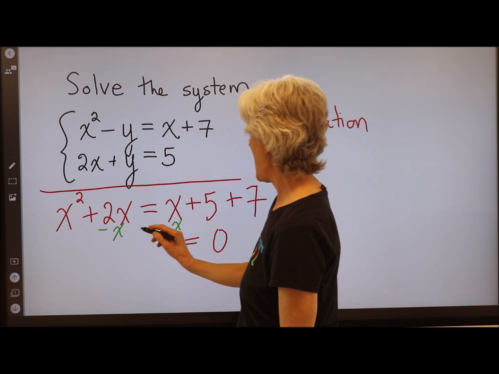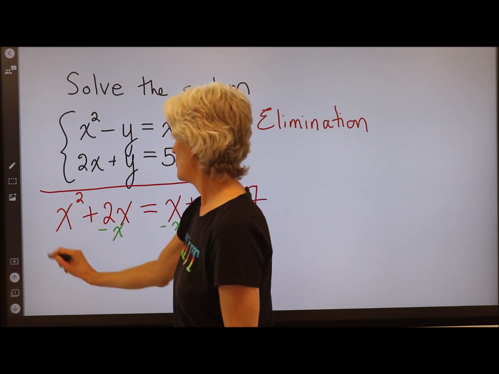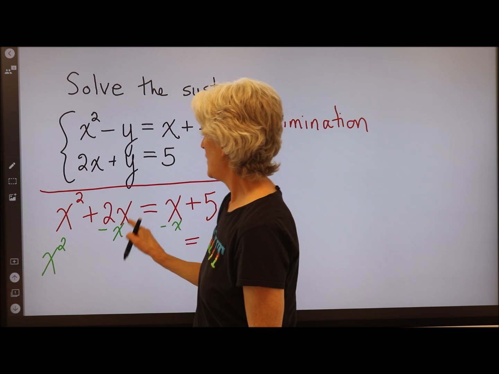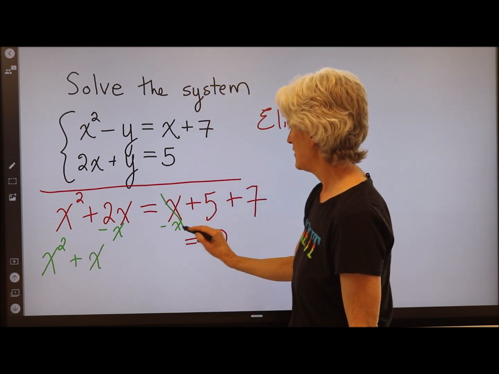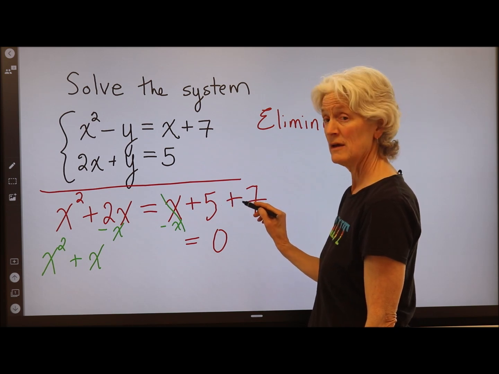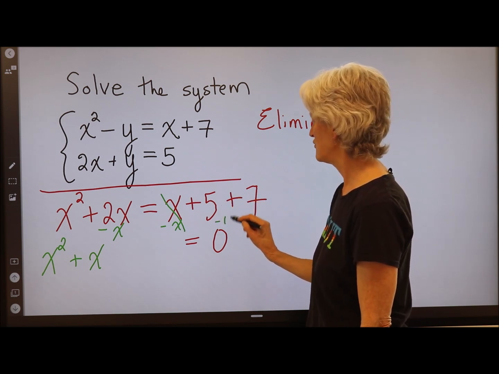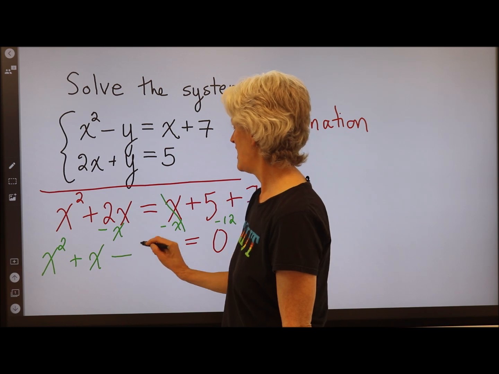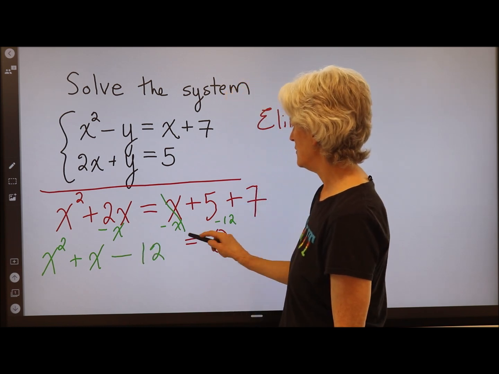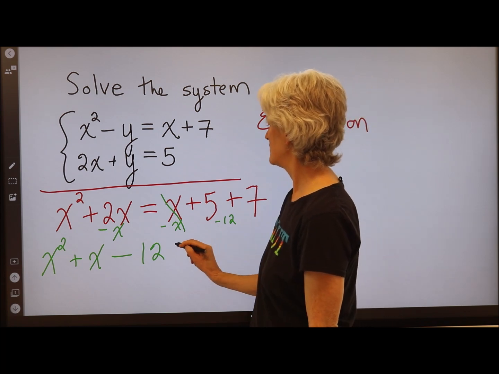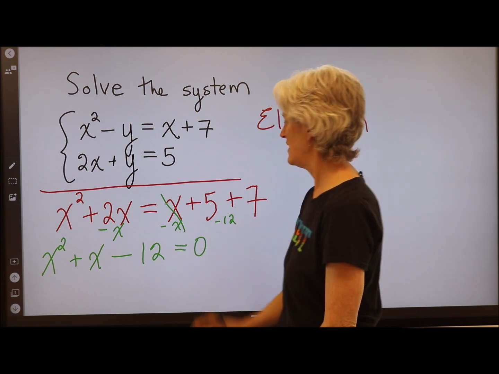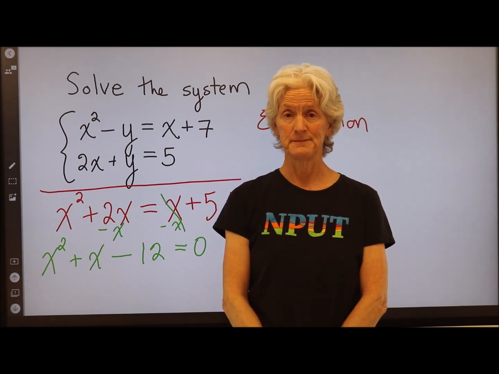So I have x squared, 2x minus x is an x. So I got rid of that. Oh, that's a 12, 7 plus 5. So I'm going to subtract 12 from this side. And there we go. I have x squared plus x minus 12 equals 0.